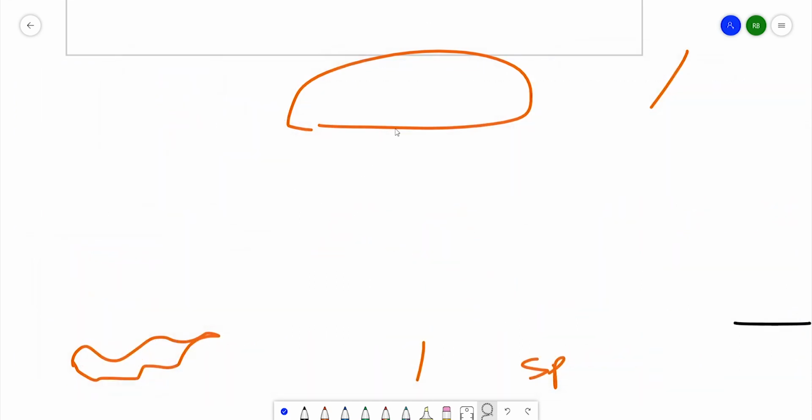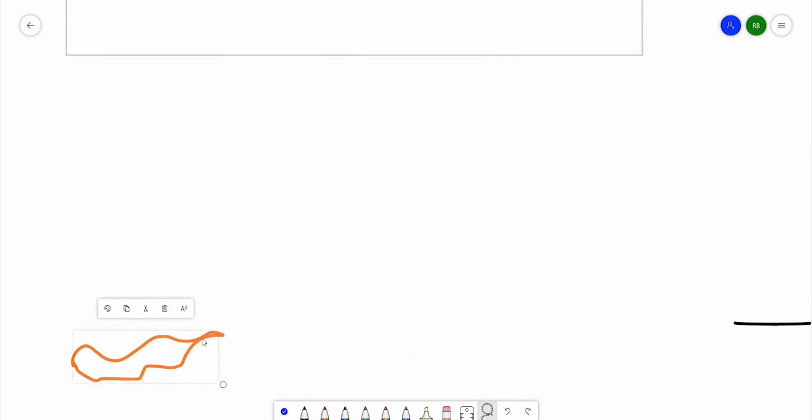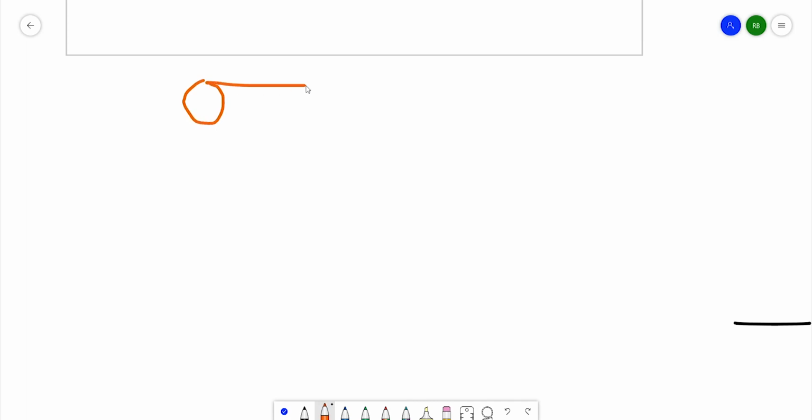Let's delete all this stuff. Okay, let's calculate the sphericity of a solid cylinder. This is your cylinder. Let's say the diameter is dp, and the length is also dp.